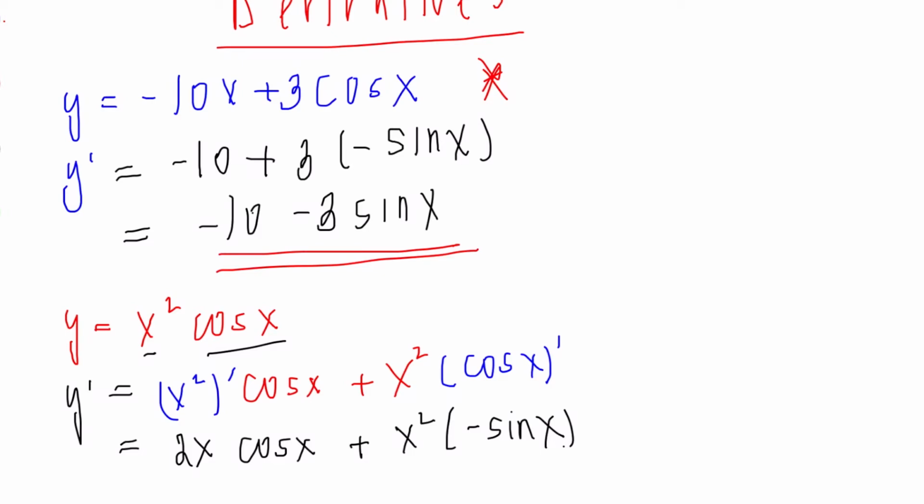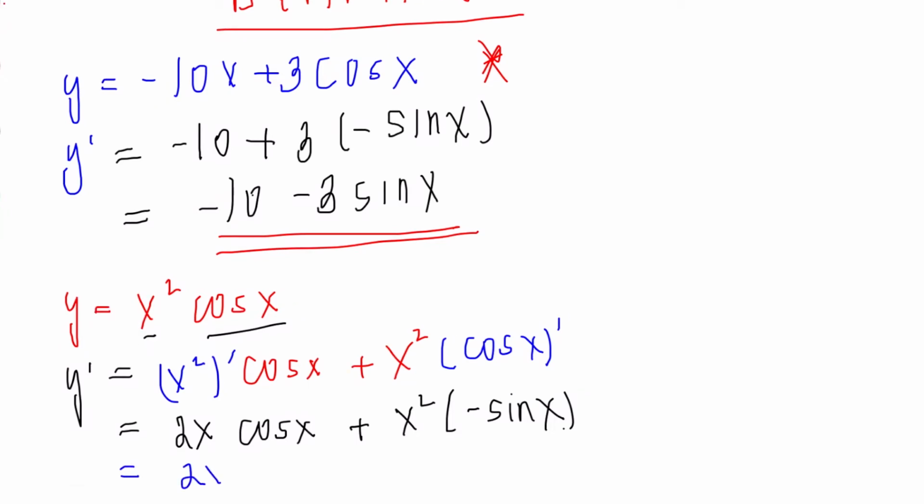Eventually our derivative will be 2x cos x, and here instead of plus we have minus, since we have a minus there, minus x squared sin x. So that's the first derivative, or the y prime of this function.